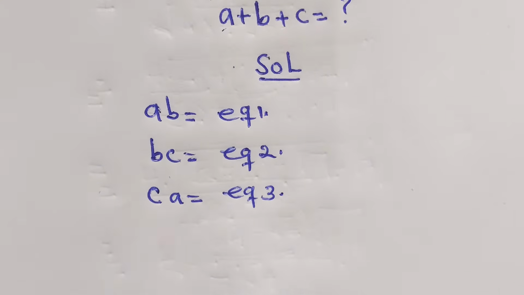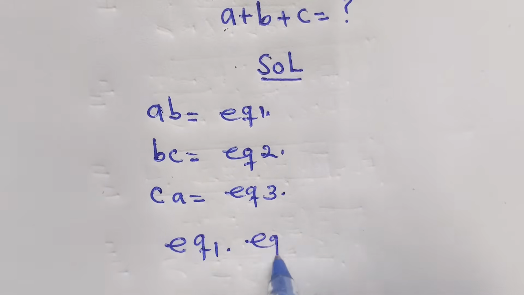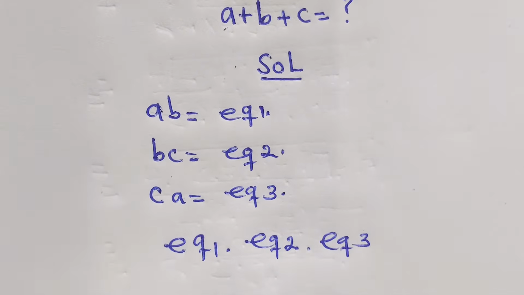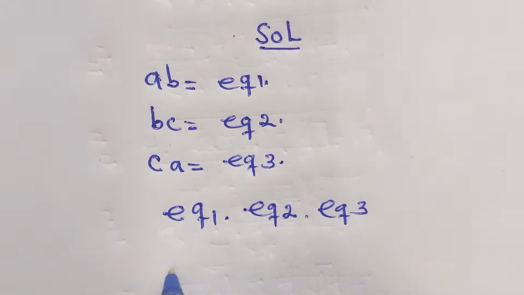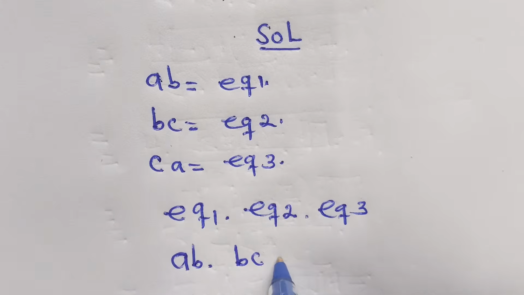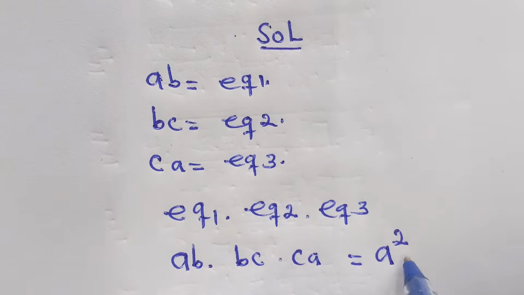So what if we take equation 1 times equation 2 times equation 3? We shall get AB times BC times CA, which will be equal to A squared times B squared times C squared.